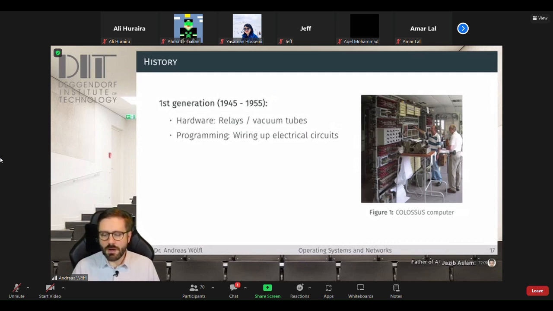The Enigma was an encryption device used by the Germans, and Alan Turing at Bletchley Park in England was the first that cracked the Enigma cipher, meaning that the Allies were able to decipher messages sent by the German military, which was decisive for the outcome of the war.